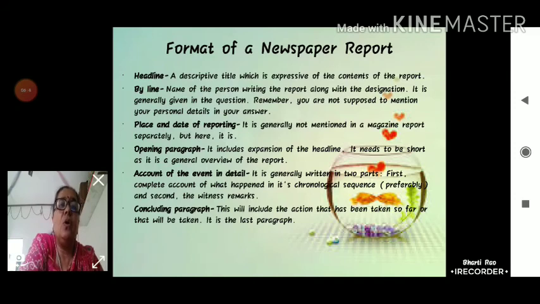Then comes your concluding paragraph. That should include the action that has been taken so far. अभी तक क्या एक्शन लिया गया है वो आपको वहाँ बताना पड़ेगा. That will be written in your last paragraph.